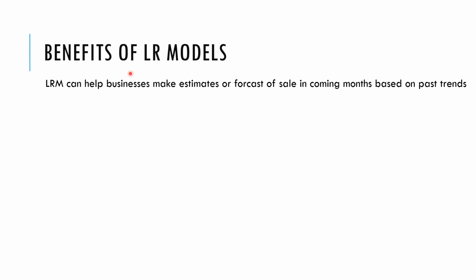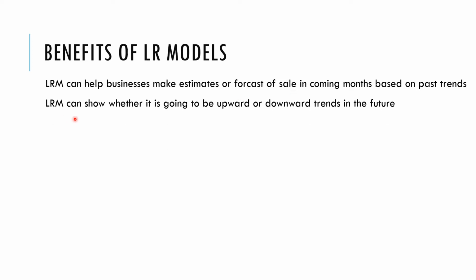So a linear regression model can help businesses understand how the business is going to perform in the future. They can use new values of X, or independent variables, and predict the future, so they can know what the future trend is going to be, whether upward or downward.